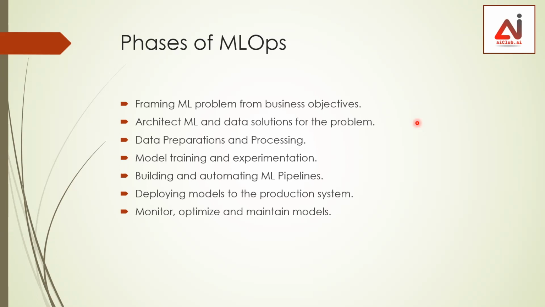So now, the second step, deploying the model to the production system, that we already discussed. And next is monitoring, optimizing, and maintaining models. As Sir said, for that example of real world implementation, what Amazon usually does with its machine learning model, we have to continuously optimize it so that it doesn't fall into a biased category, and it is able to fulfill the business need, even though it may slightly change, but it is able to adapt to it.